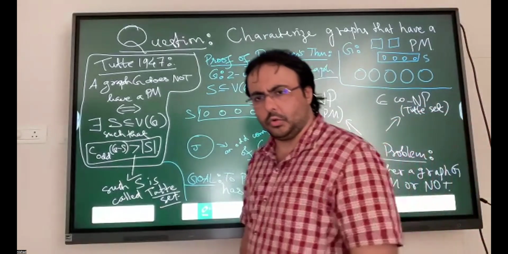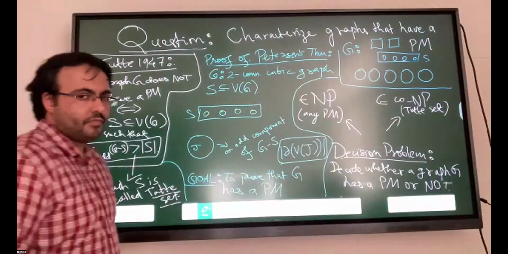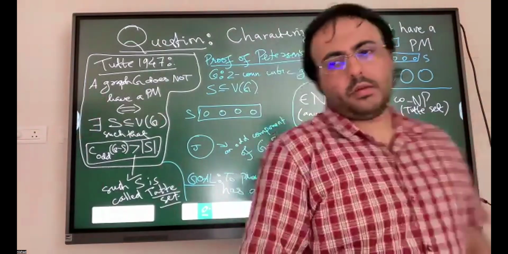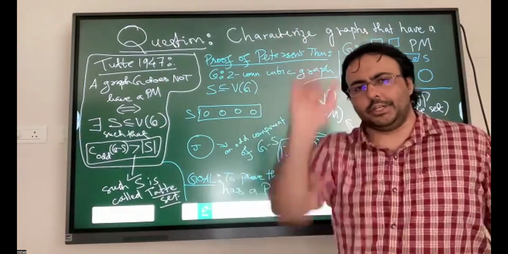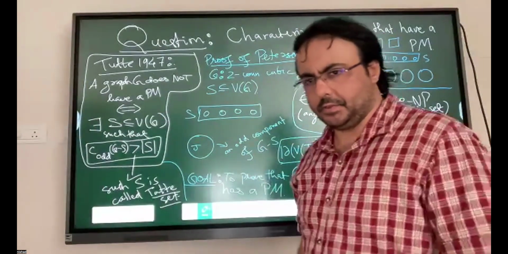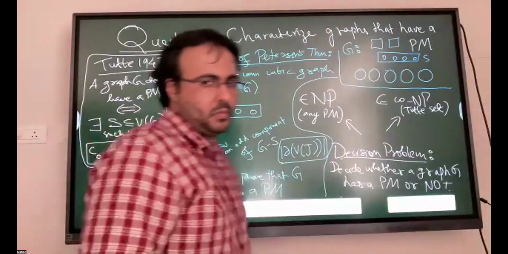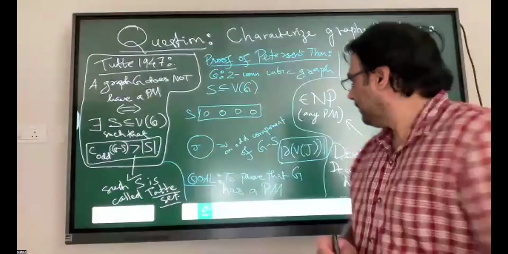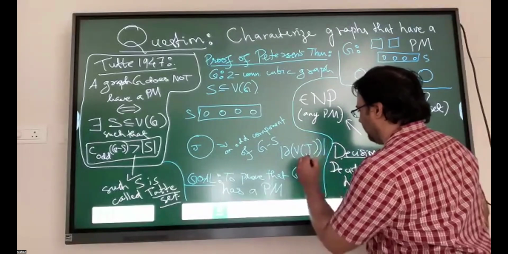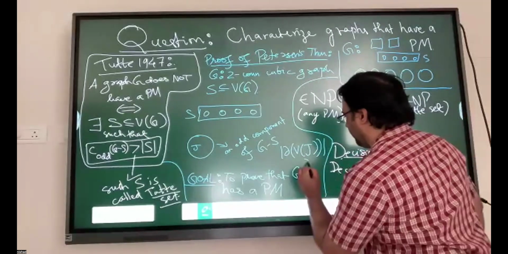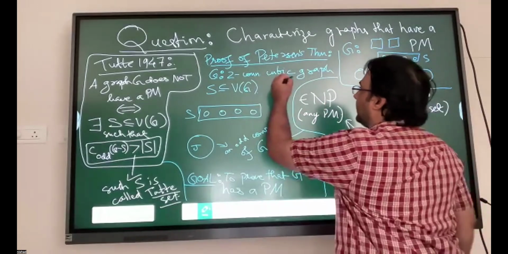Okay? So what can you say about the number of edges in this cut, given that the graph is 2-connected? How many edges should leave from J and go to outside J, given that the graph is 2-connected? At least two. At least two edges, right? This quantity is at least 2. Now I want to ask you a question. Can you use the fact that this is a cubic graph?